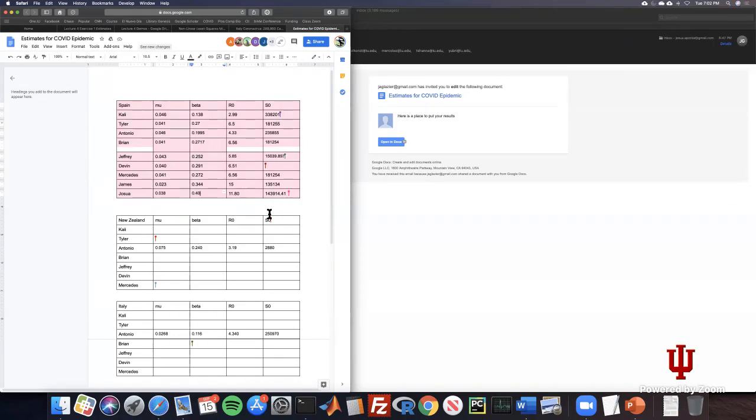Callie, you and I are up there in the Spain data set. I don't know why my beta is so different from everyone else's.